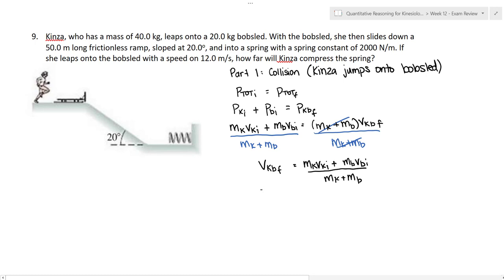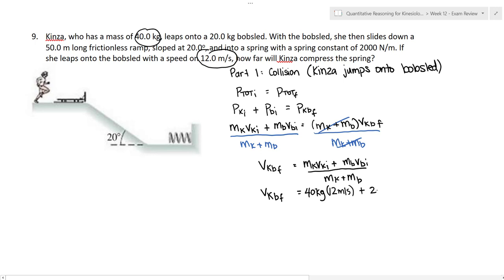Okay, so let's plug in our values. Mass of Kinza, 40 kilograms. Velocity of Kinza, initially, if she leaps onto the bobsled with a speed of 12 meters per second, so that's her initial velocity, 12 meters per second, plus mass of the bobsled.